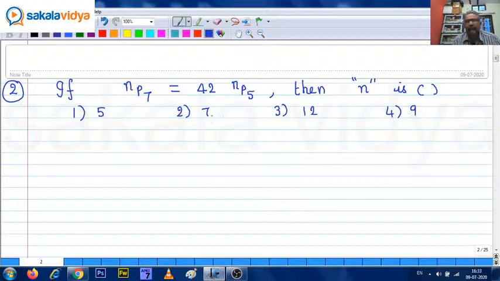Okay, this is the question. Here nP7 is equal to 42 times nP5, then we need to find the value of n.